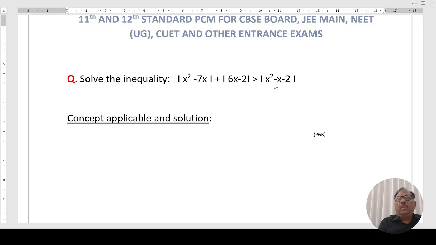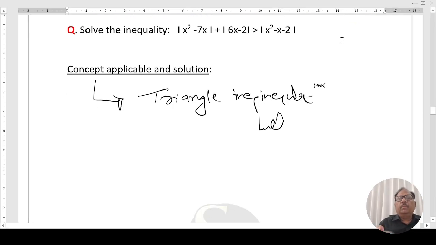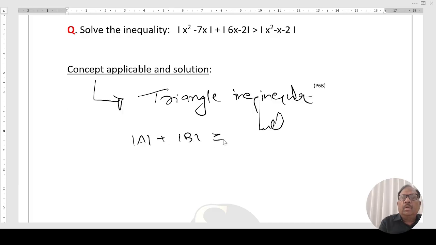Concept applicable: the triangle inequality. What is that? Mod A plus mod B is greater than or equal to mod of A plus B.